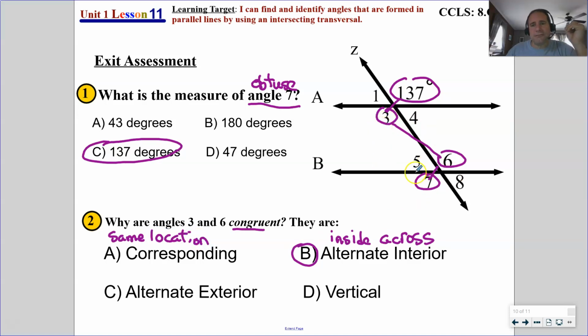Same location would be 3 and 7. Would be 4 and 8. 1 and 5.